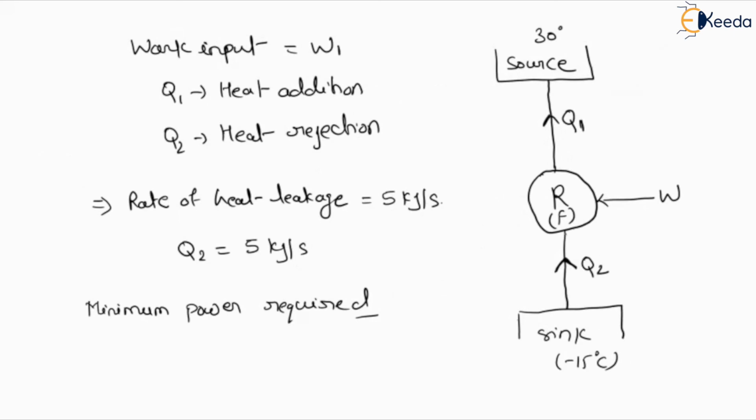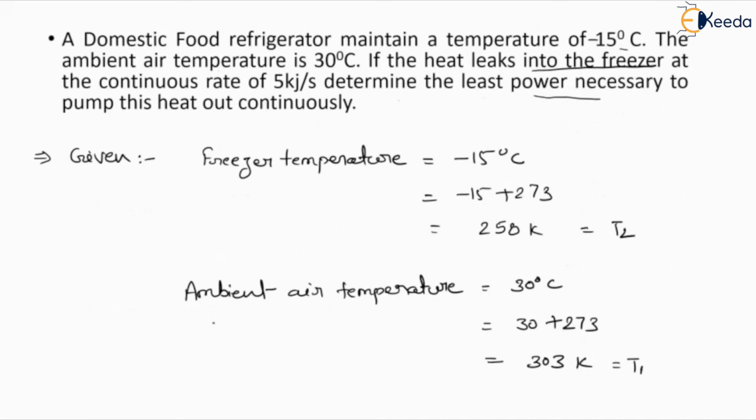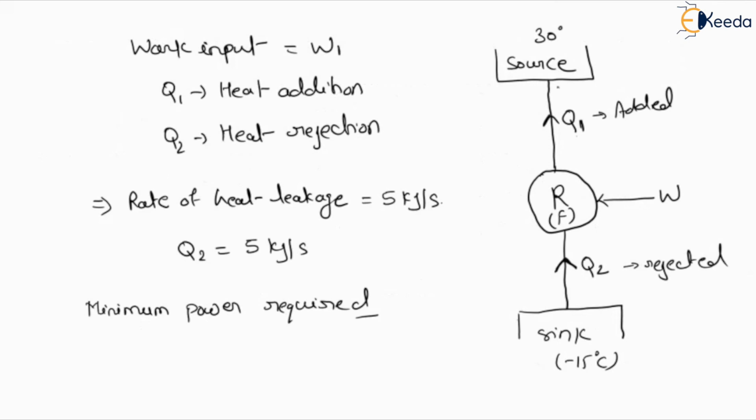Q2 we can consider as heat addition into the refrigerator, and Q1 as the heat rejection from the refrigerator. But the actual convention is that Q1 is considered as the heat added, and Q2 is represented as heat rejected. So I am using the same terms here. We will require a minimum power to pump the heat out continuously from the freezer. So we will use some basic terms to define this unknown value.